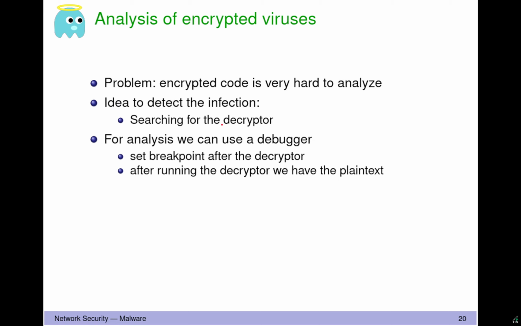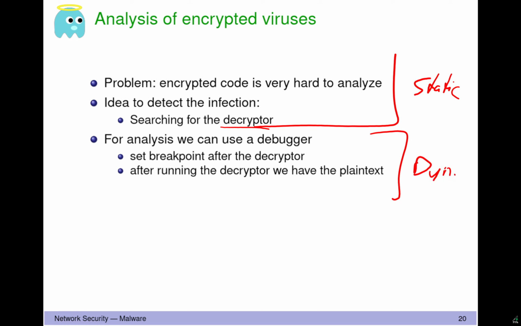So searching for the decryptor is the next way, and this is static, and you can also do it dynamically by running some kind of debugger or sandbox environment, and once you see that some kind of decryption happened, you stop the execution and run the signature checks on the decrypted part.